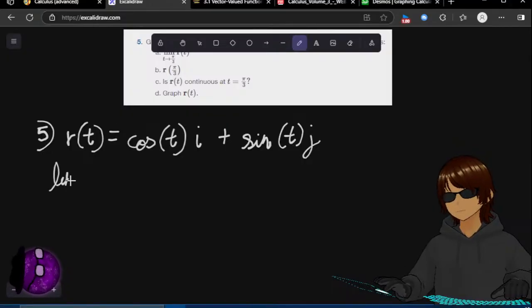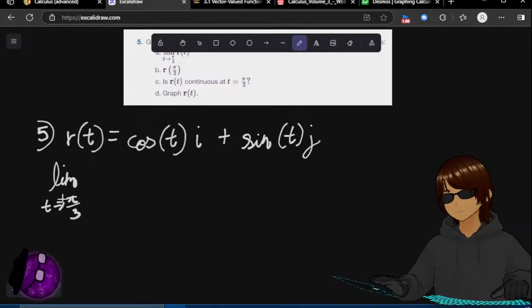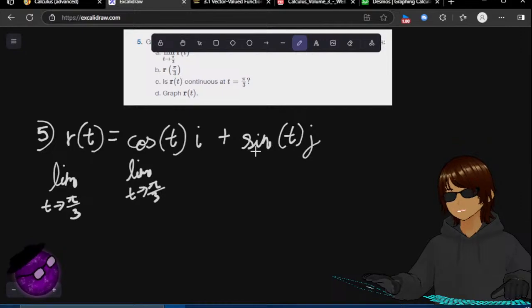So the limit of this as t goes to pi over 3 is the limit of this and the limit of this, as t goes to pi over 3.